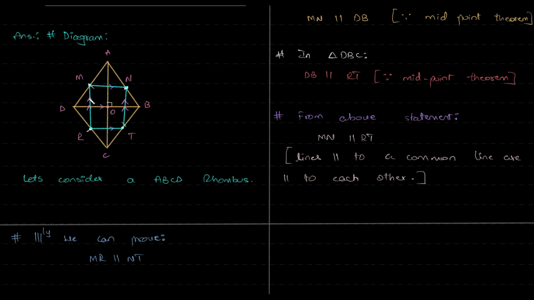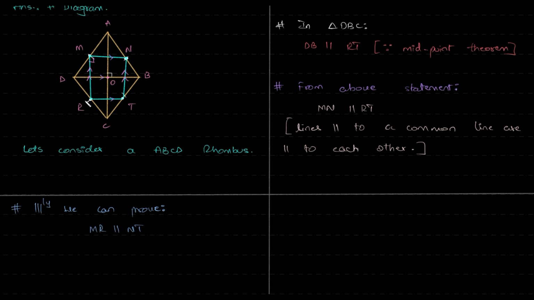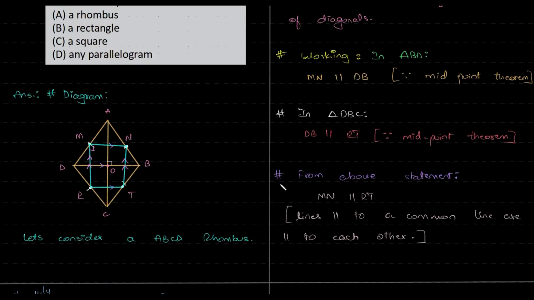So now, what about angle M? Is it 90? Well, it is 90. How can we prove it though? We actually can do one more thing. Along with this, we can tell MN is half of DB, and RT is half of DB.